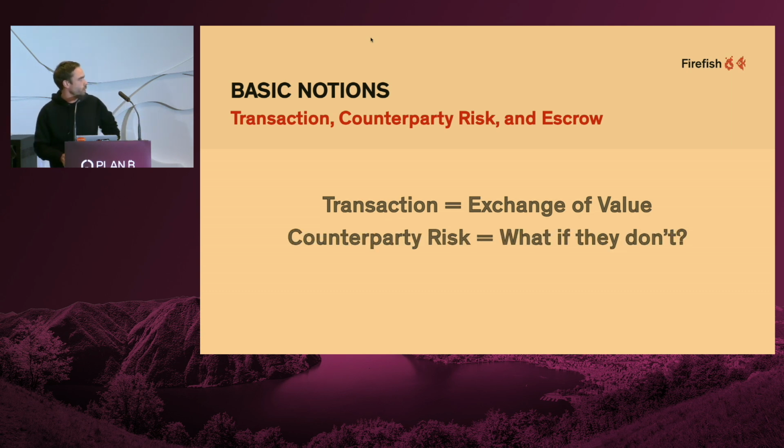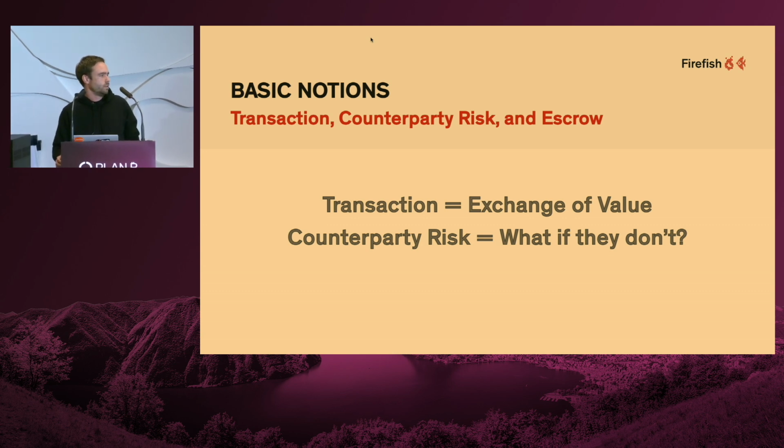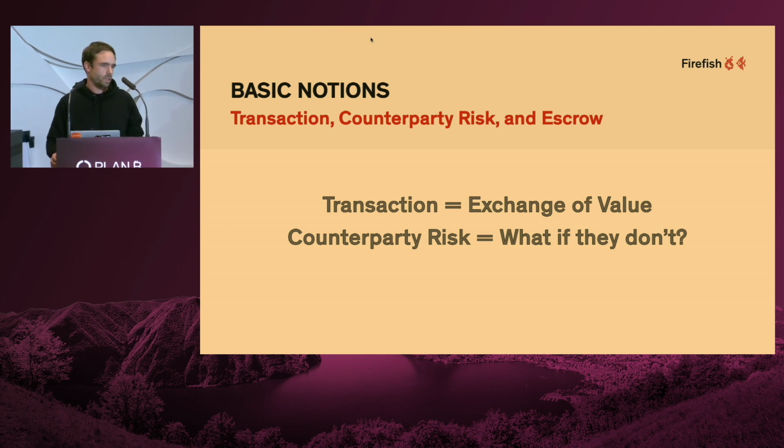This is what we call counterparty risk in finance, and I think it's a pretty important notion for those who haven't heard it. I think it's really interesting to think about human interactions also using this notion in your mind. Maybe imagine just two scenarios.